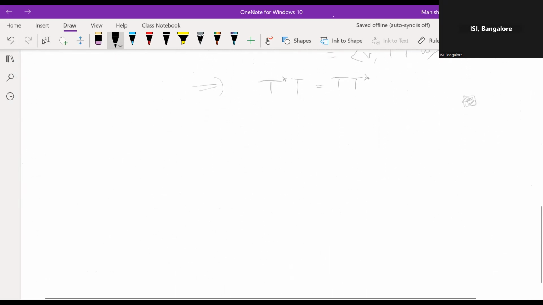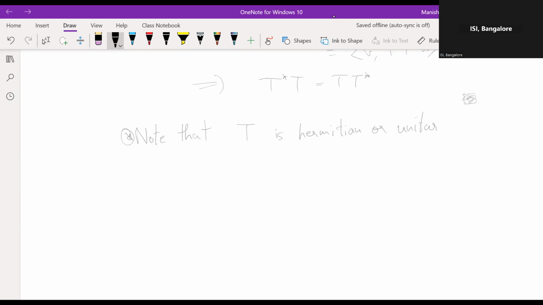And then there is a spectral theorem for normal operators. Before going to that, note that if T is Hermitian or unitary, then T is normal.